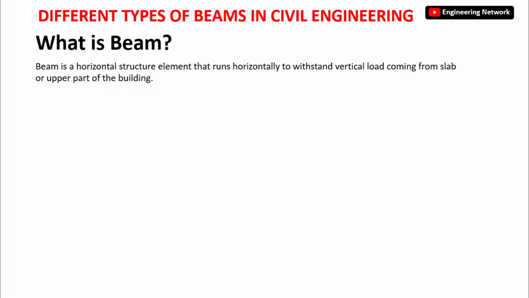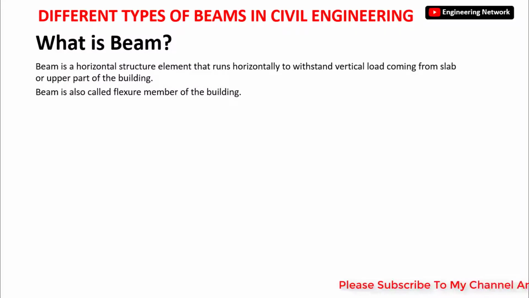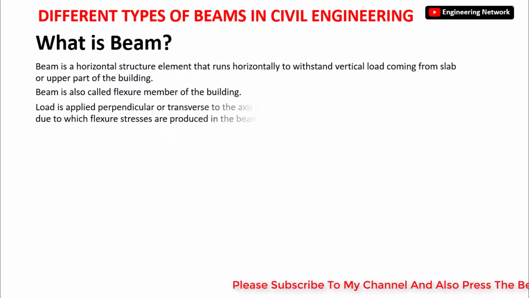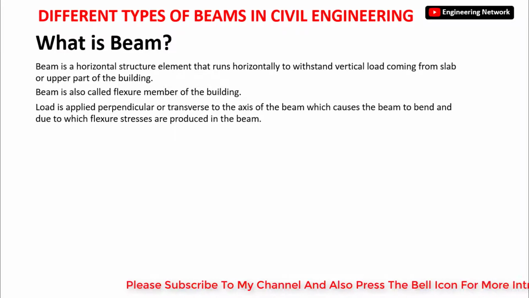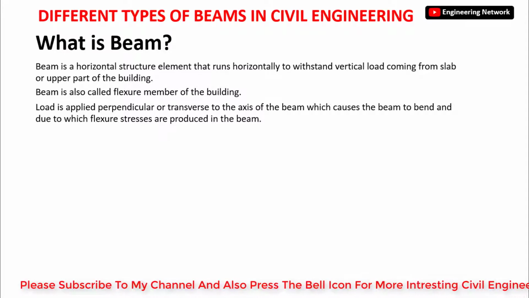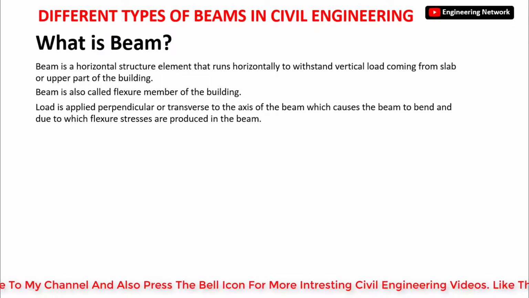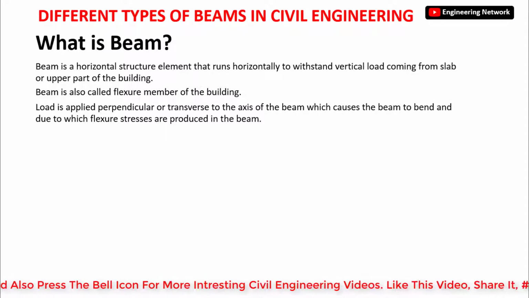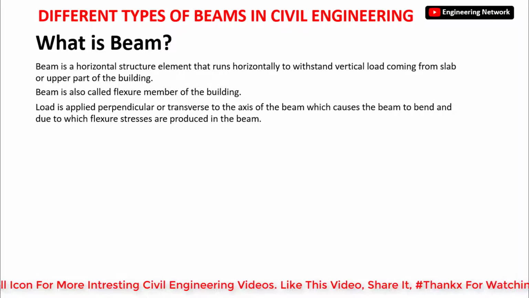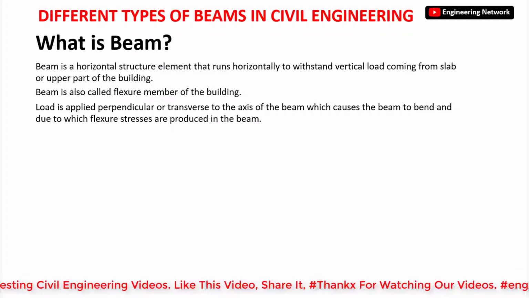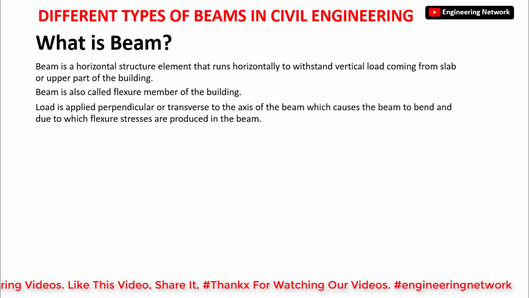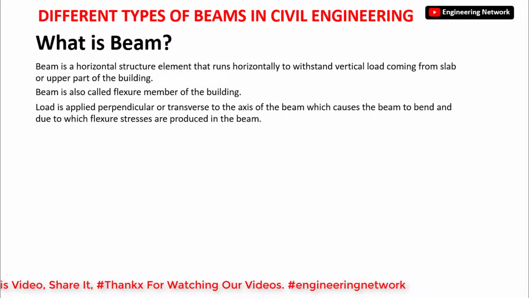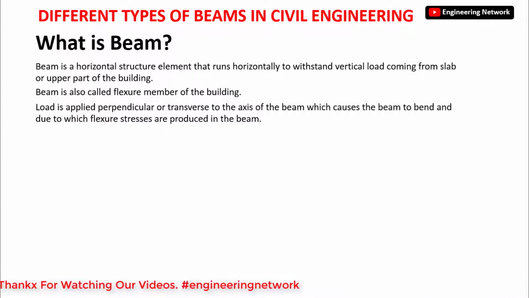Beam is also called flexure member of the building, because the load is applied perpendicular or transverse to the axis of the beam, which causes the beam to bend and due to which flexure stresses are produced in the beam. So if somebody asked you in an interview what is the flexure member of the building, then your answer should be: beam is the flexure member of the building, right?